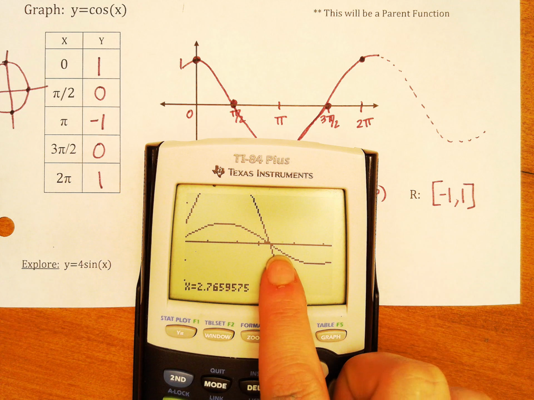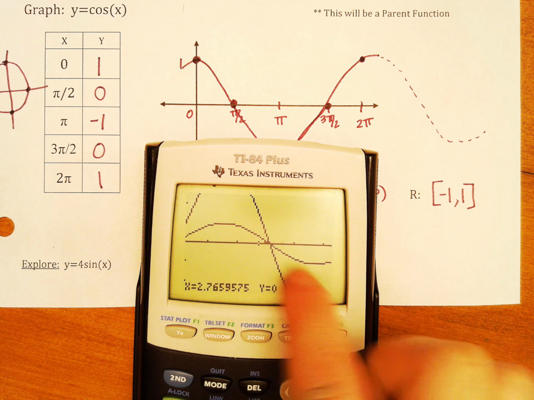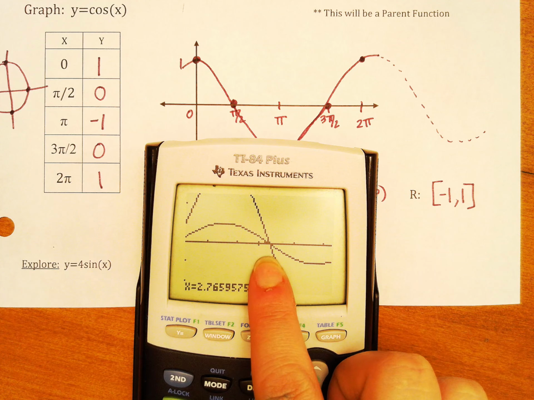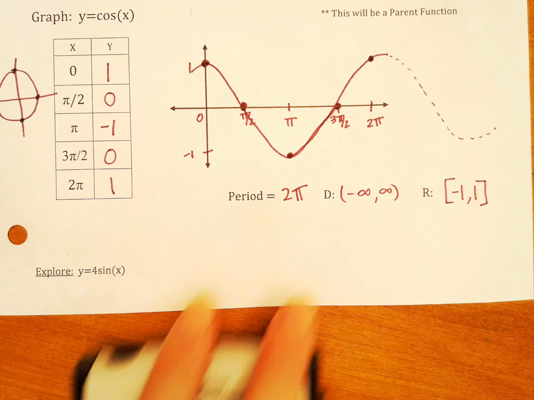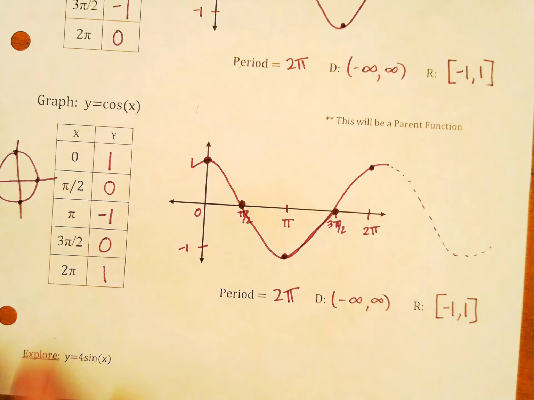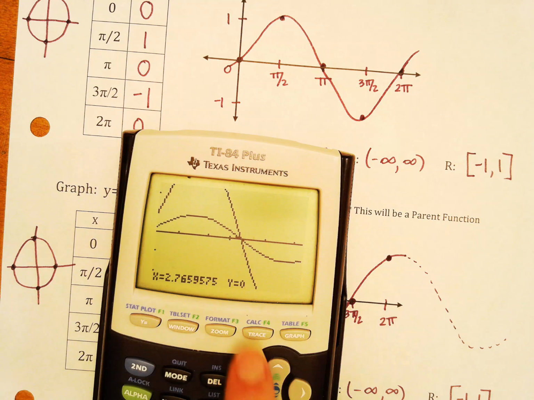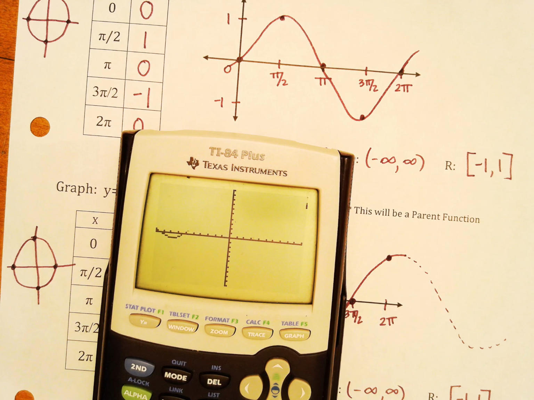So I zoomed in and saw that there was a 0 here with my regular sine function, and we can see in our second function it crosses at that same point. So the zeros that I have in my regular sine function, which happen at 0 and pi and 2 pi on my graph here, are still the same zeros for my 4 sine x.